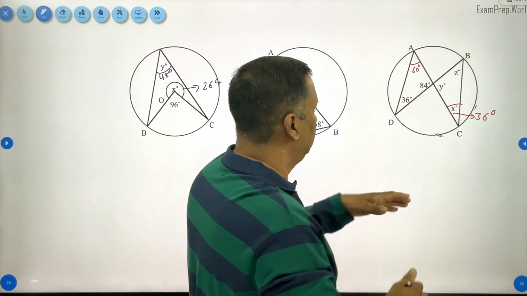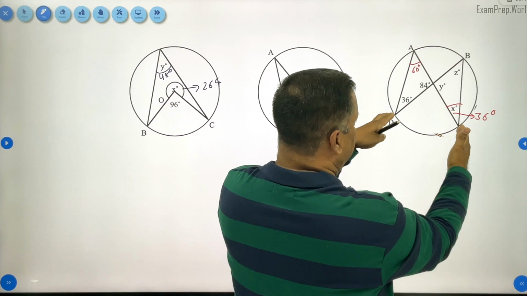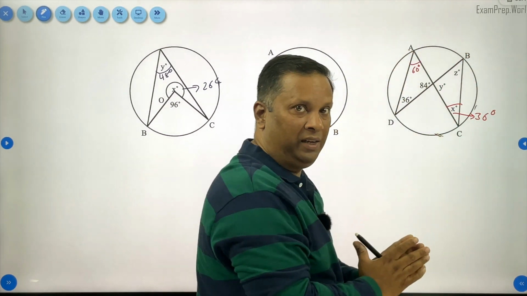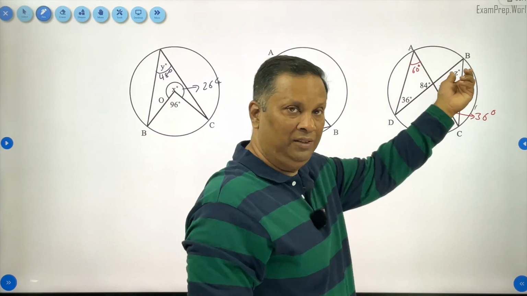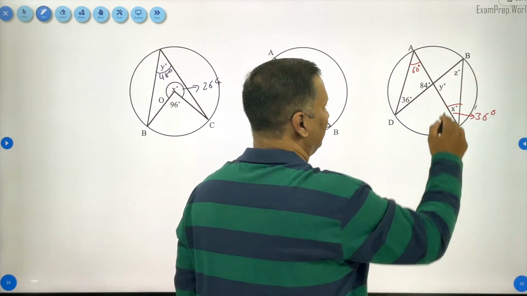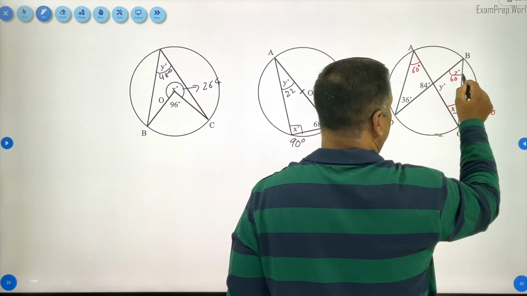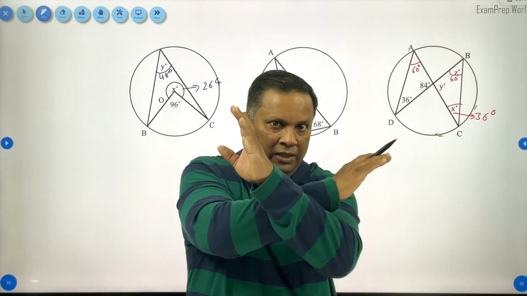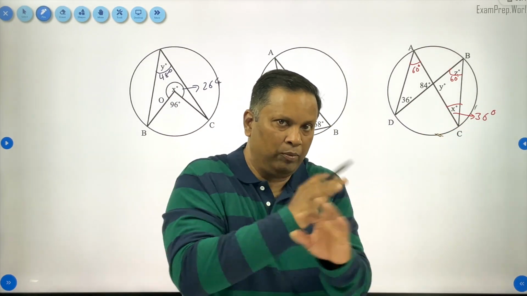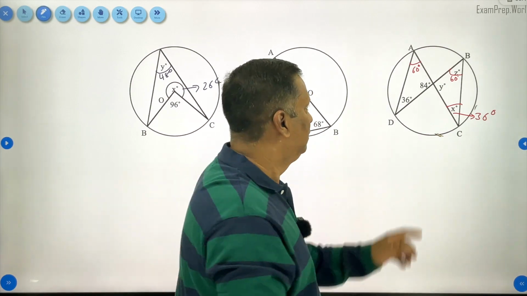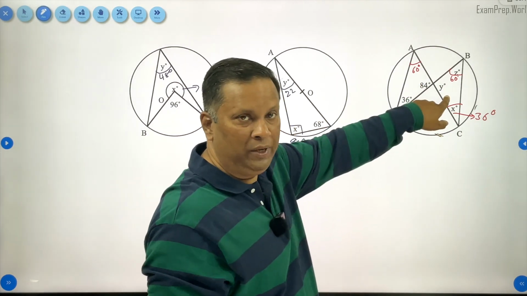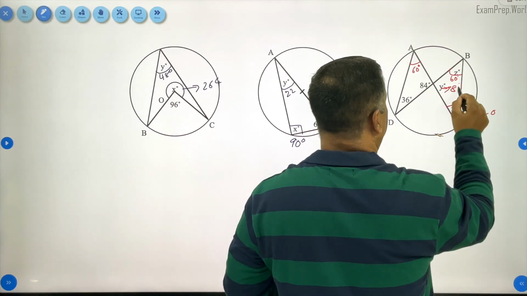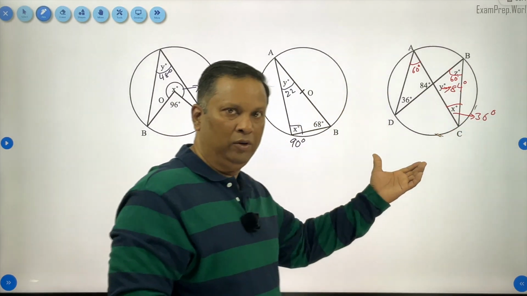If this is 60, now look, DC is making an angle B and DC is also making angle A. So if this is 60, this also has to be 60. Now what about Y? When two lines intersect, the vertically opposite angles are equal. So if this is 84, this also has to be 84. Y is 84. Okay, I hope you understood.